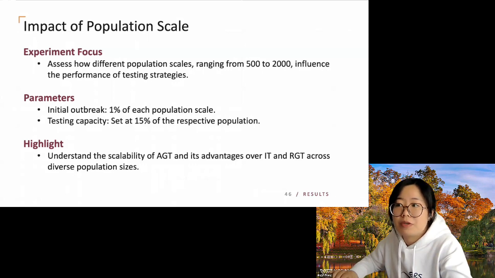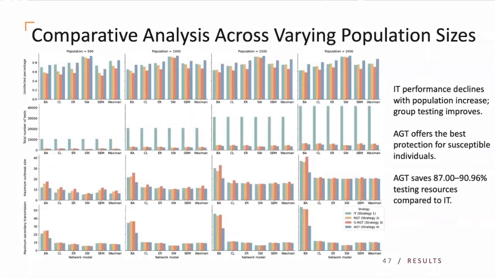All the other parameters remain unchanged. Here we have the first row as uninfected percentages. The higher the better, and the last 3 rows are total number of tests, maximum outbreak sizes, and maximum secondary transmissions. The lower the better, and each column here corresponds to population from 500 to 2,000.